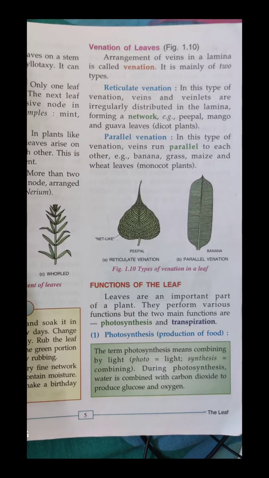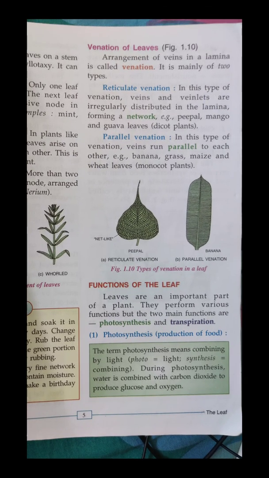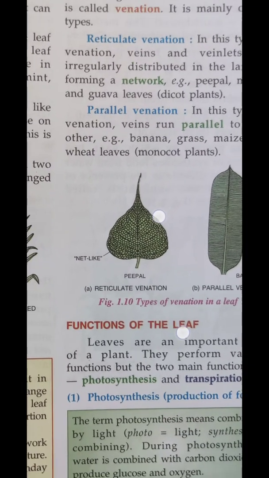Variation of leaves. Arrangement of veins in the lamina is called venation of leaves. It's mainly of 2 types, reticulate venation and parallel venation. What is reticulate venation?